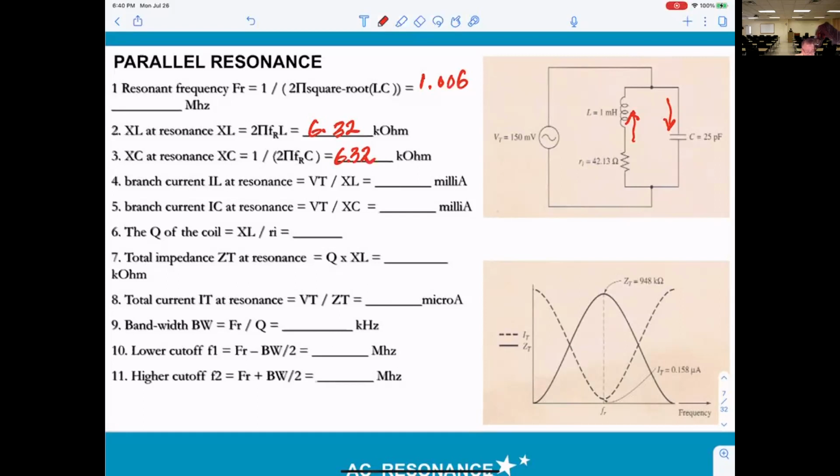Okay, number 4. Branch current IL at the resonance.